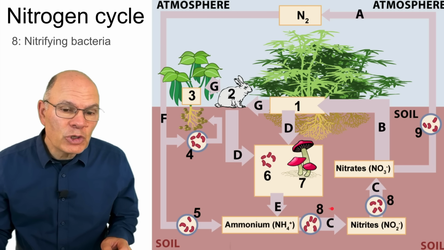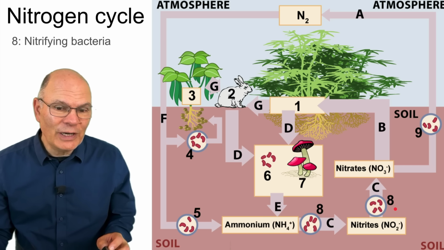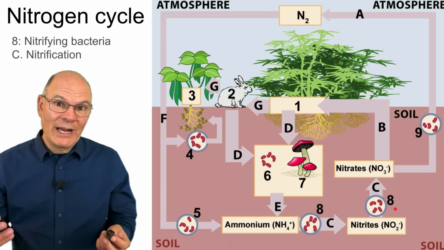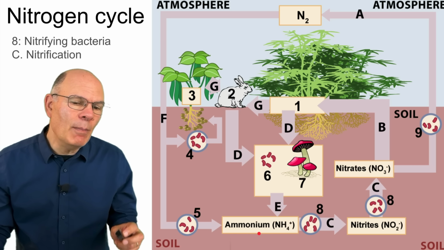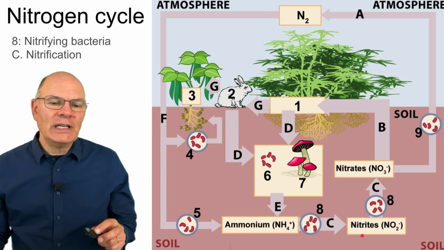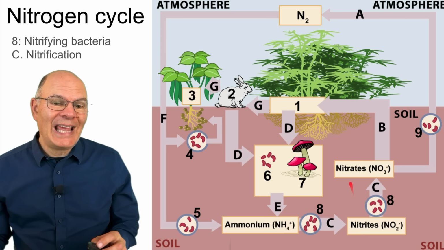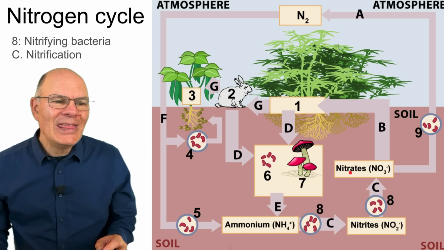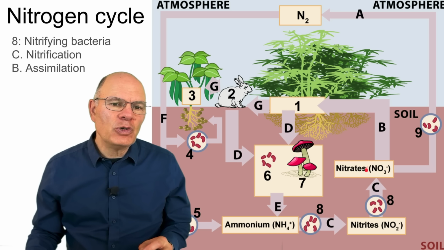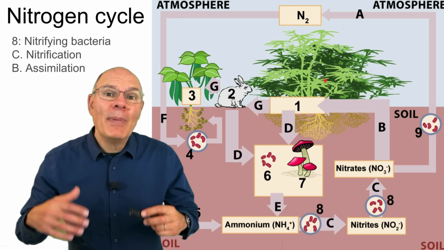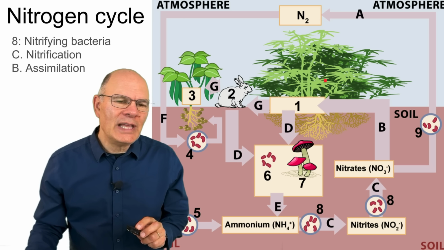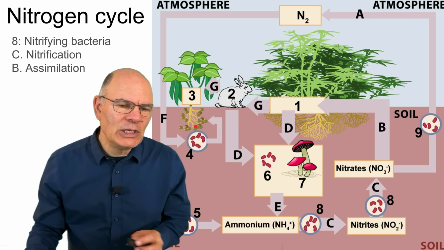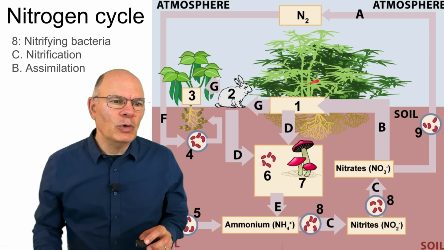Nitrifying bacteria, which are shown over here at number 8 and over here at number 8, will carry out a process called nitrification. And in nitrification, these ammonia compounds are converted into nitrites and nitrates. And that is a form of nitrogen that can be assimilated by non-nitrogen fixing plants. Those are plants that don't have these symbiotic bacteria living in their roots.